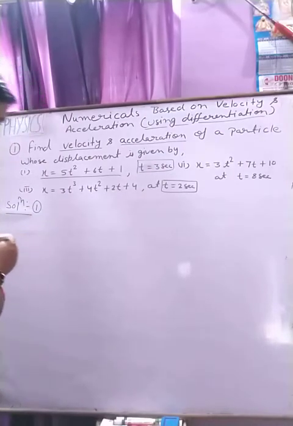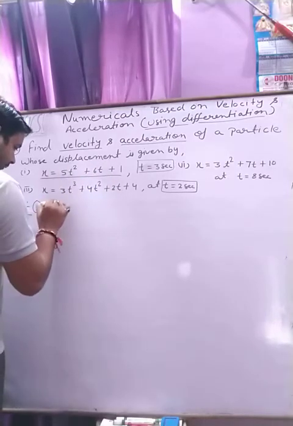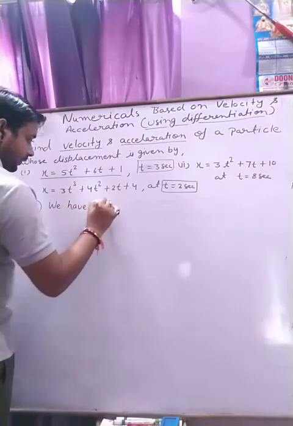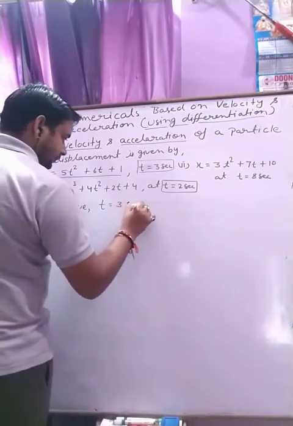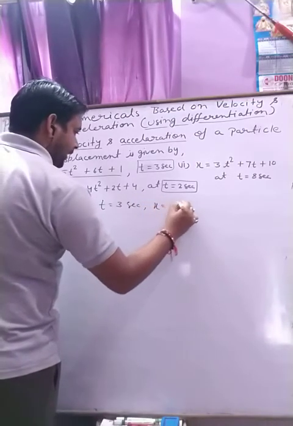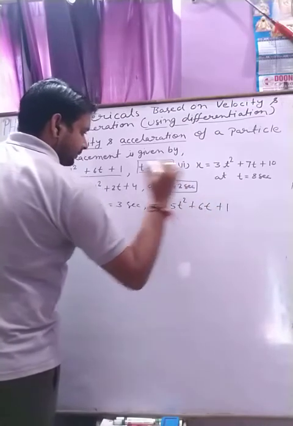Okay, so students, we have t equal to 3 seconds and displacement x is equal to 5t square plus 6t plus 1.